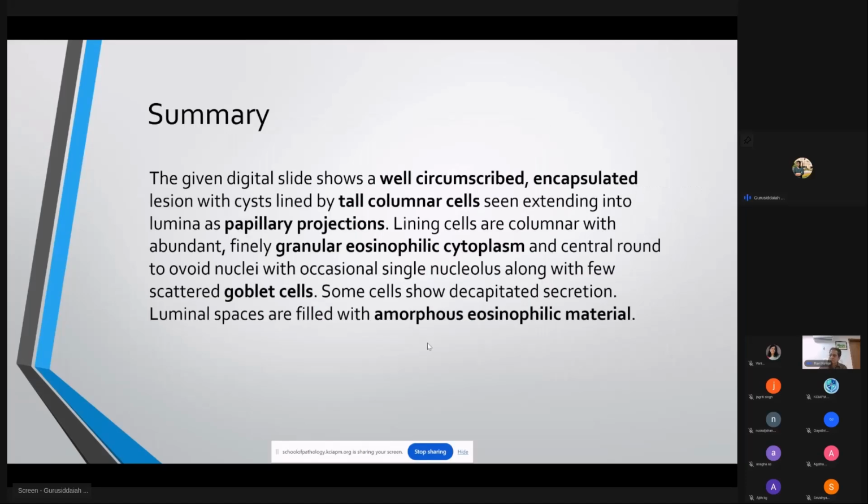To summarize, the given digital slide shows a well-circumscribed encapsulated lesion with cysts lined by tall columnar cells extending into lumina as papillary projections. Lining cells are columnar with abundant finely granular eosinophilic cytoplasm and central round to oval nuclei with occasional single nucleoli, along with a few scattered goblet cells.